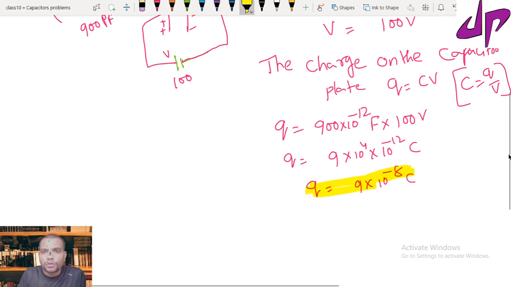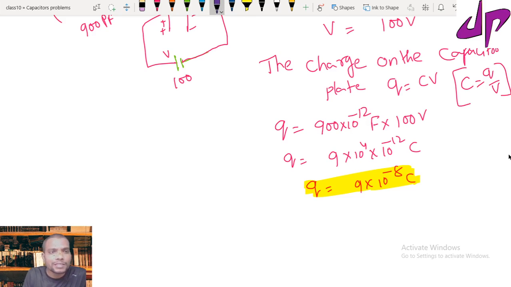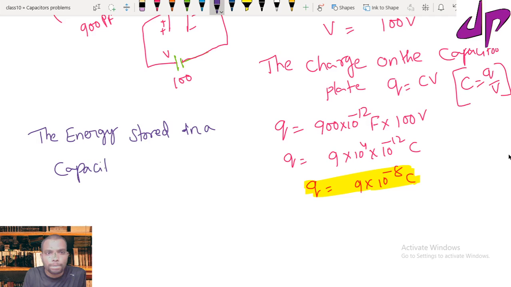Now that we know the charge on the plate, our task is to find the energy stored in a capacitor.